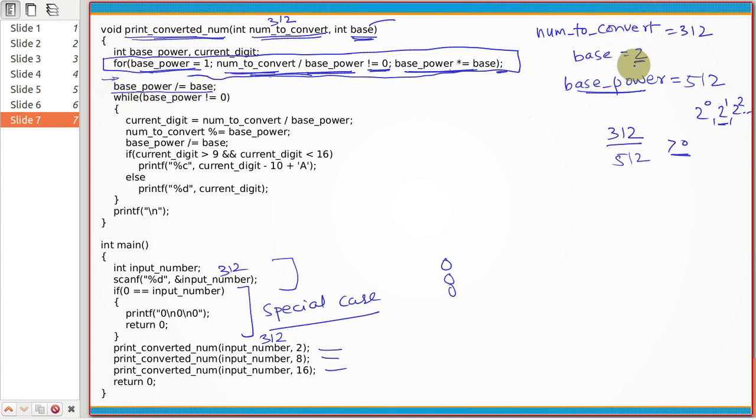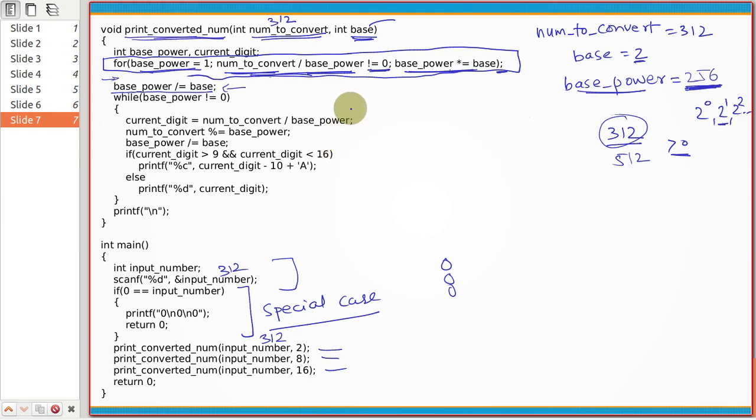I am taking an example of binary, but if you run through this algorithm for octal or hexadecimal, it will work very fine. You can check that out. So that is that for loop. With dividing by base, we divide 512 by 2, so we get 256. This is the largest group in terms of 2 raised to something that I can create out of this given number.